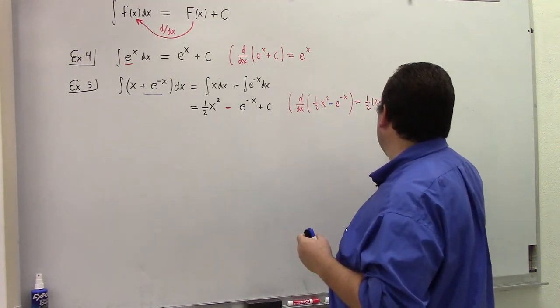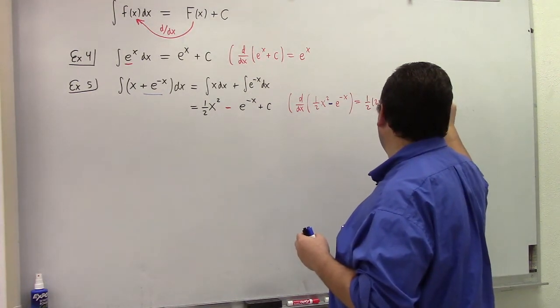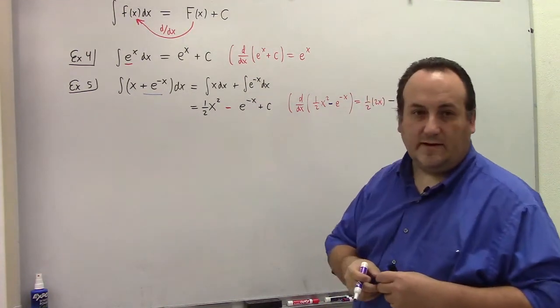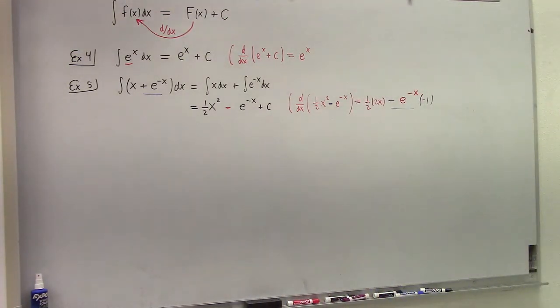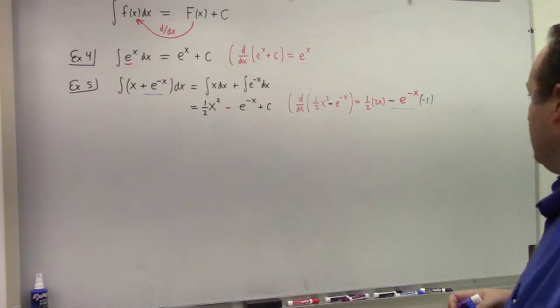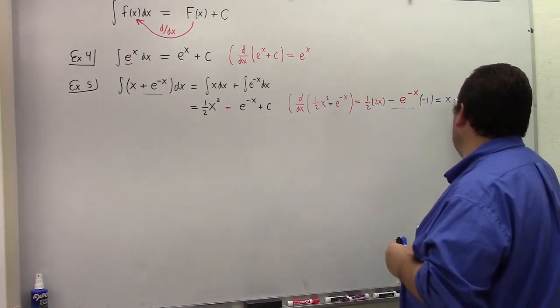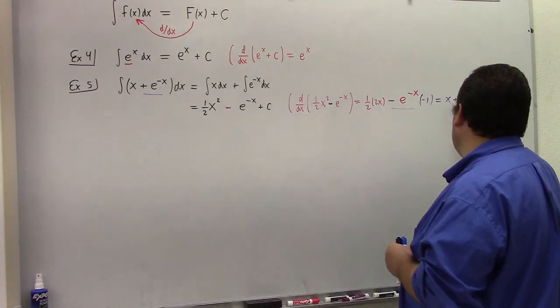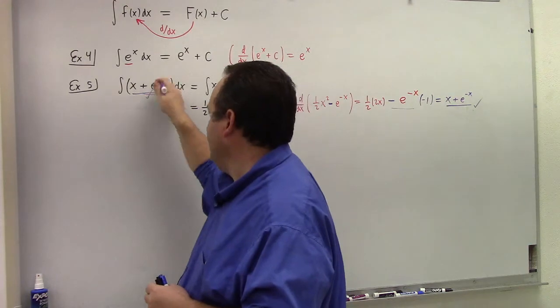And then that minus cancels against the minus 1 from the chain rule. When we differentiate e to the minus x, we get minus e to the minus x. So minus minus gives you plus, and we've got x plus e to the minus x, which is what we had over here to start with, right?